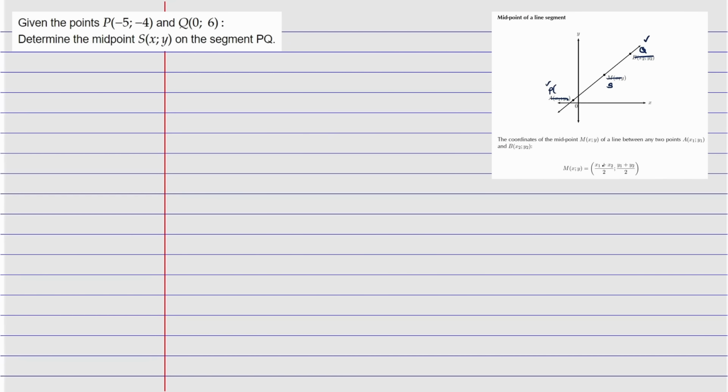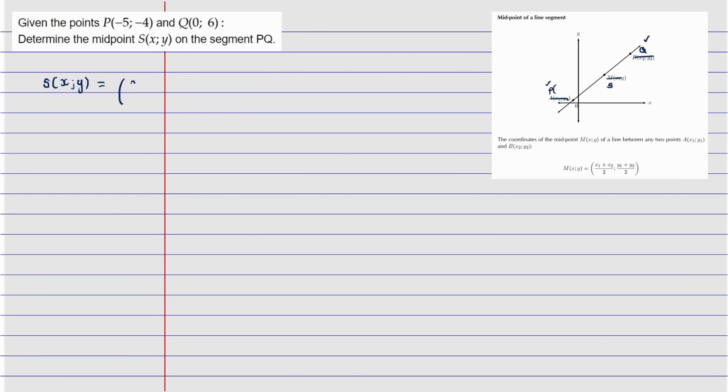So as I said when we were doing distance, instead of using x1 and x2, I love using alphabets, right? So our midpoint is going to be S, which is the coordinate x, y, right? It's going to be equal to what? Do you see the fact that it's adding x1 and x2?